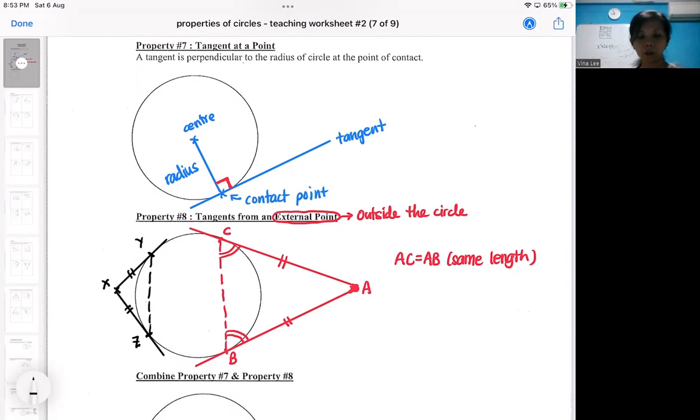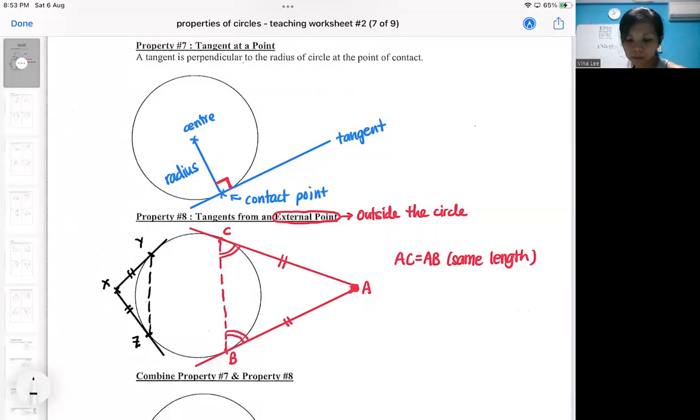It's just that it's very close to the circle. So that is called tangent from an external point. Usually these two properties are shown separately like this.